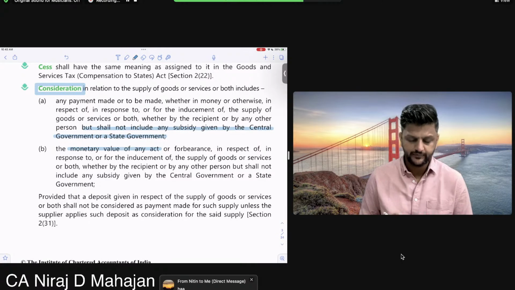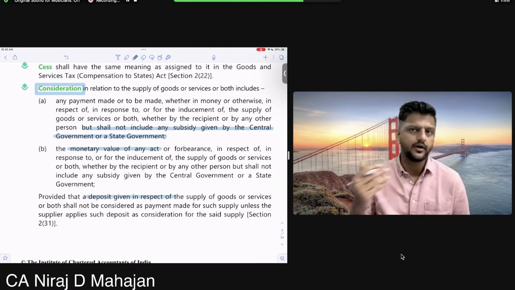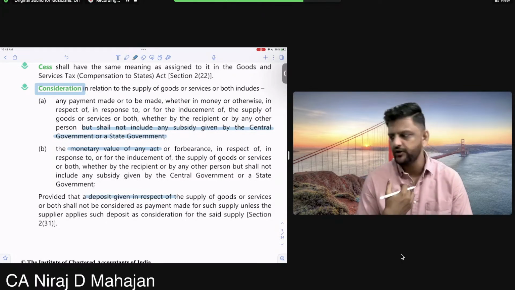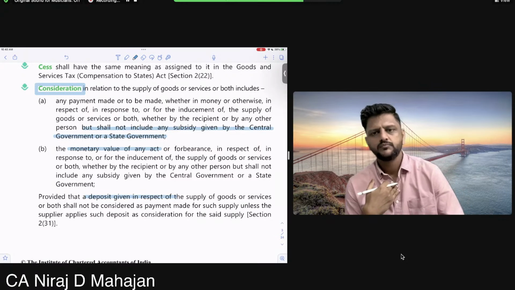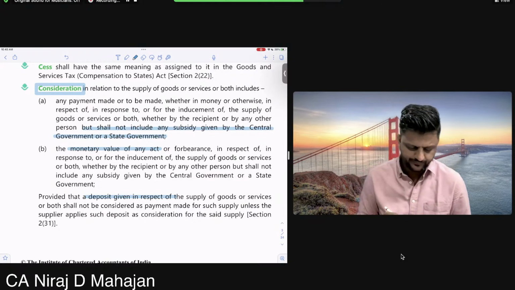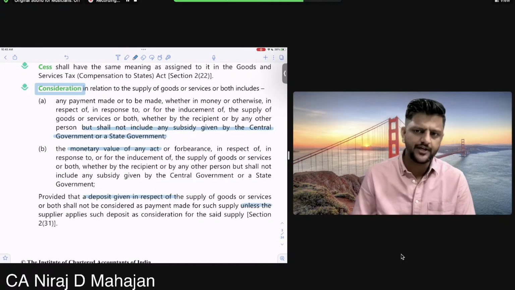This also we had covered, by the way. Check if you remember: a deposit given is not a supply. If I receive a deposit, that is not my income, and that is not treated as supply. But there was again an exception to that, unless I use that deposit as an application towards supply.